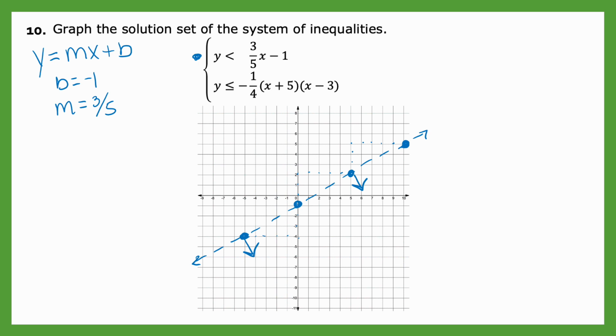Okay, then our parabola is given to us in factored form. I'm seeing this negative on that -1/4, so I know my parabola is going to open down, and since it is in factored form, I can easily get the x-intercepts by setting x plus 5 equal to 0 and x minus 3 equal to 0. So what are our two x-intercepts? 3 and -5.